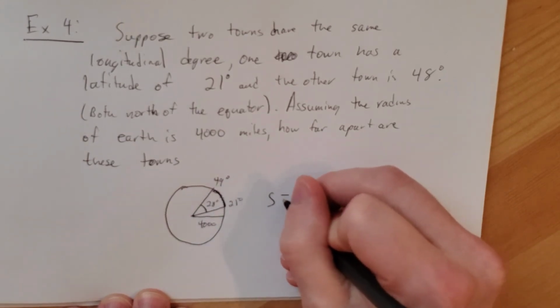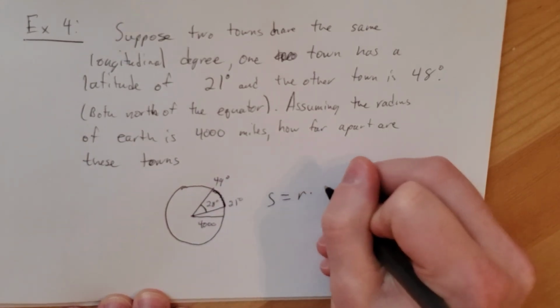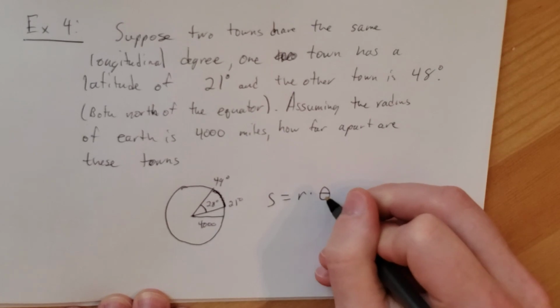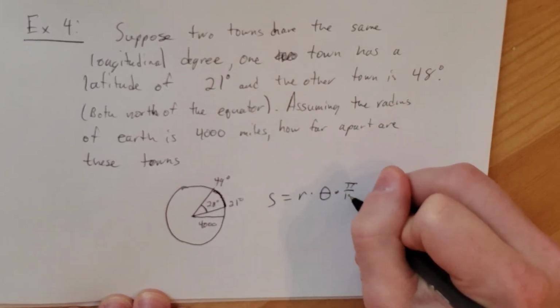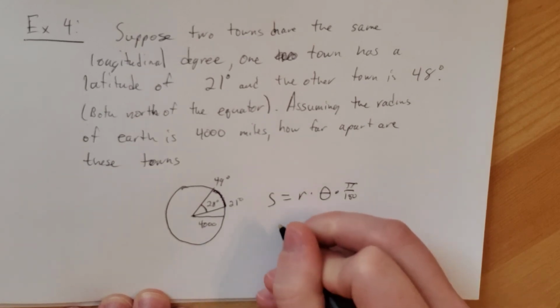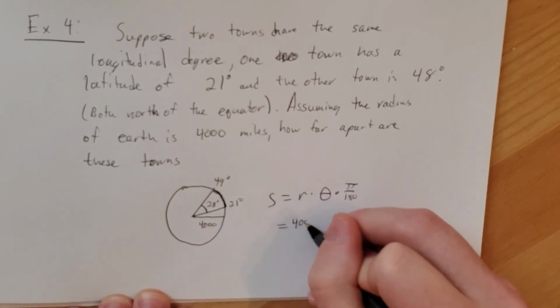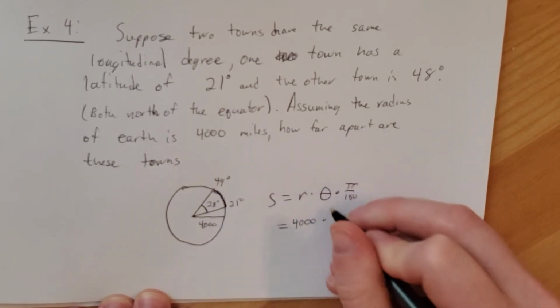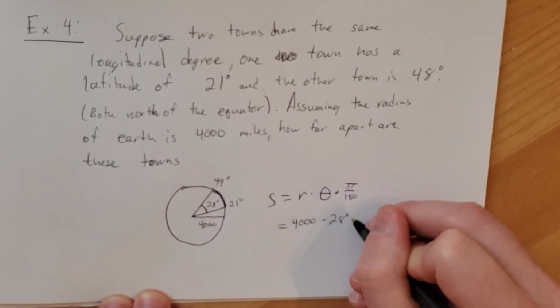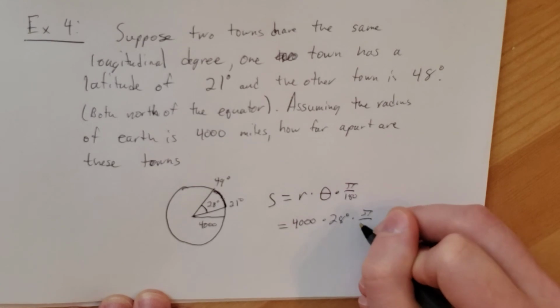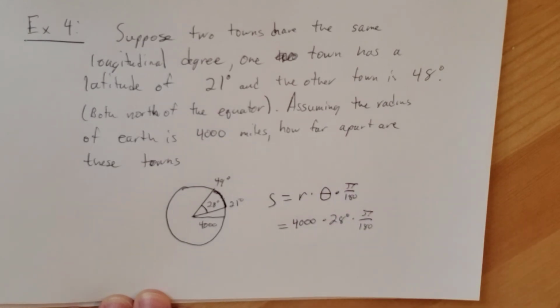And that is S is equal to R times theta, but we gave theta in degrees, so we need to multiply by pi over 180. So we plug this in. R is 4,000 times theta, which is 28 degrees, times pi over 180.